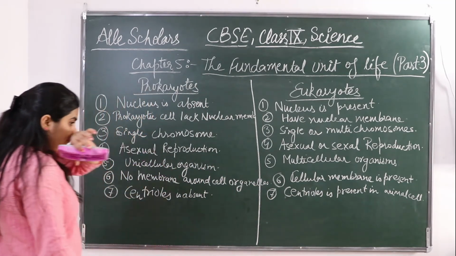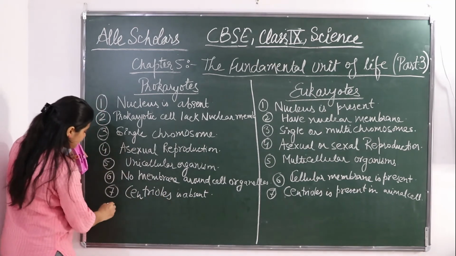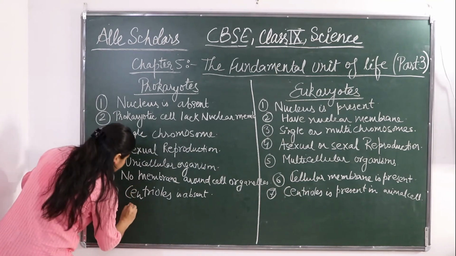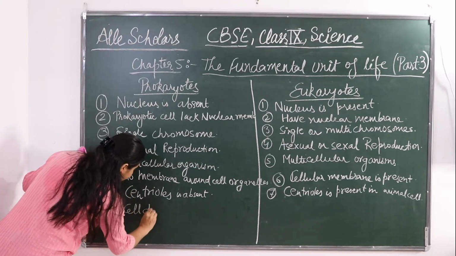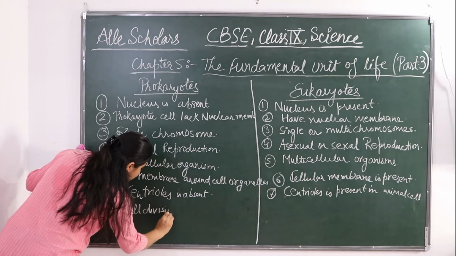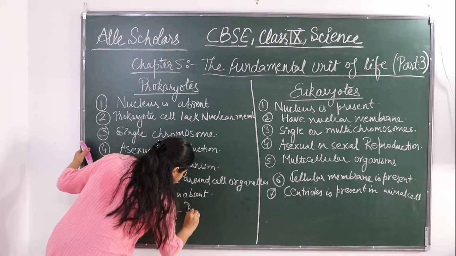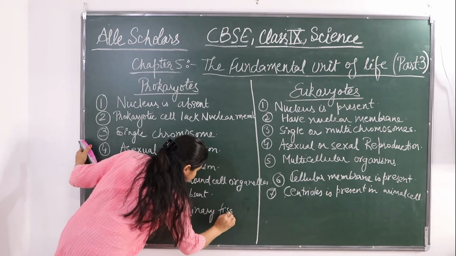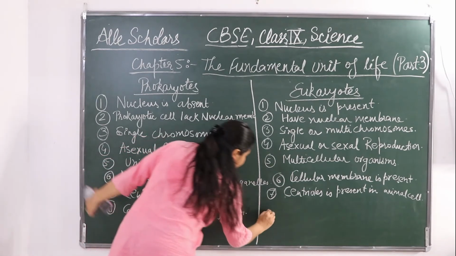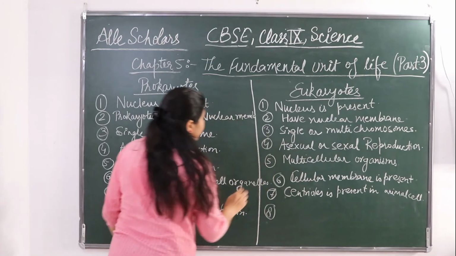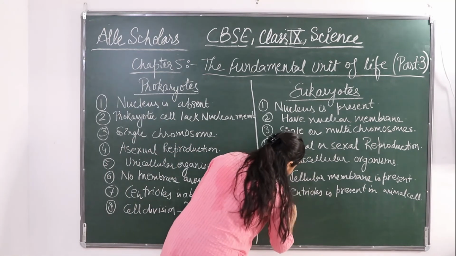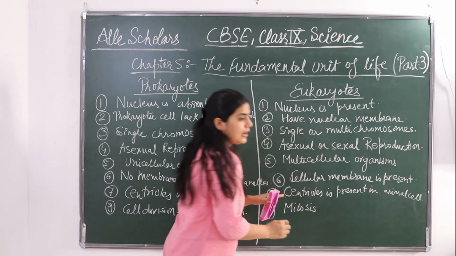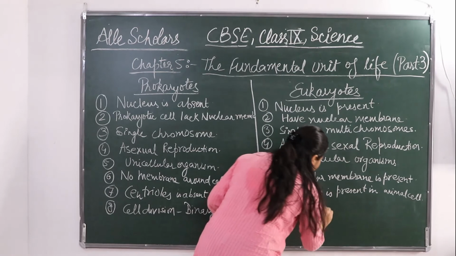If we talk about the type of cell division which takes place in prokaryotes, it is binary fission. And in the case of eukaryotic cells, cell division is mitosis or it can be meiosis.